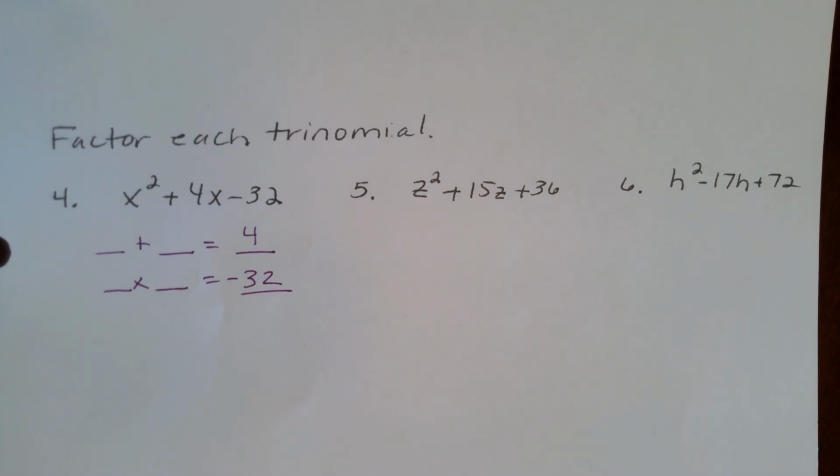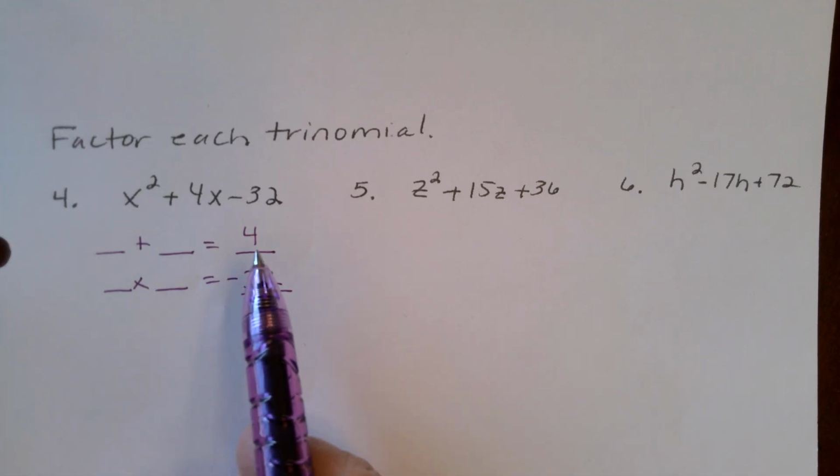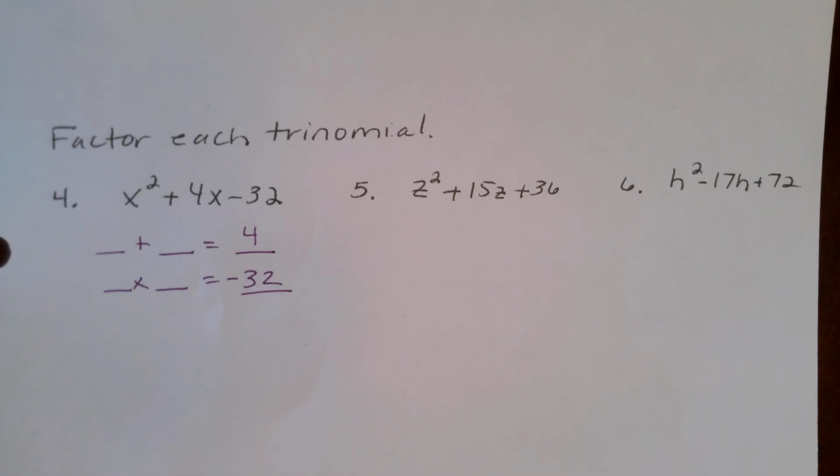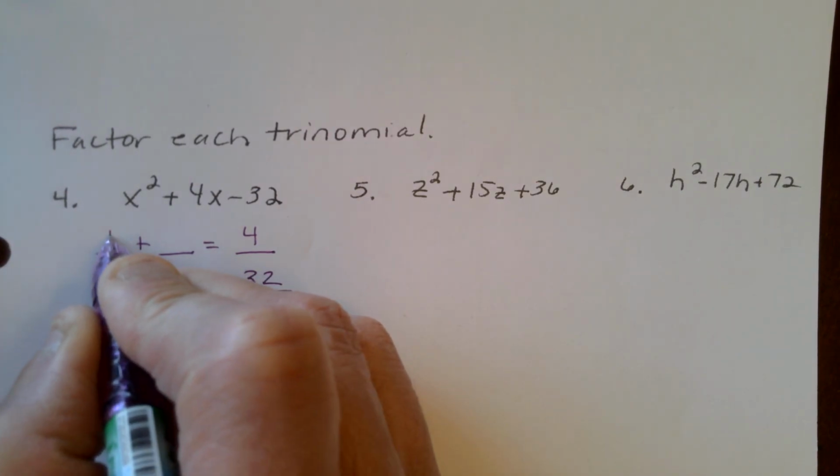And you had to think of factors of 32 where you could add or subtract them and get 4. So as you sit here and think about this, you think, oh, 2 and 16, no, differences in 4. Oh, wait a minute now. 4 and 8, interesting. 4 and 8 works.